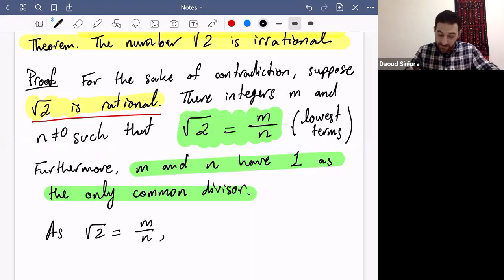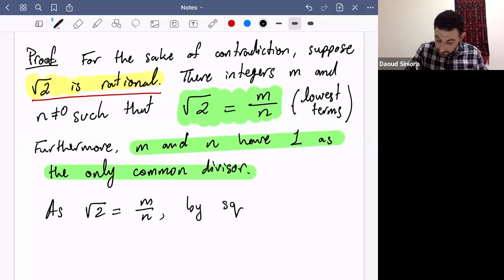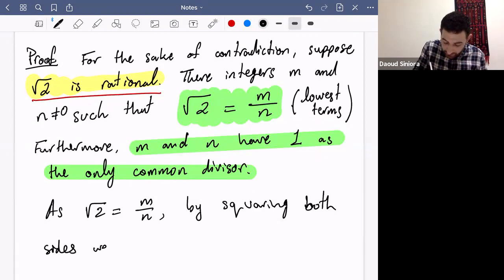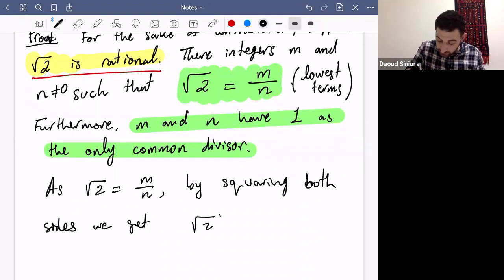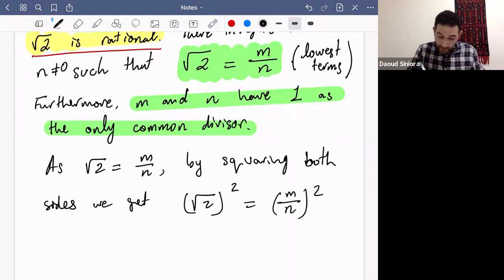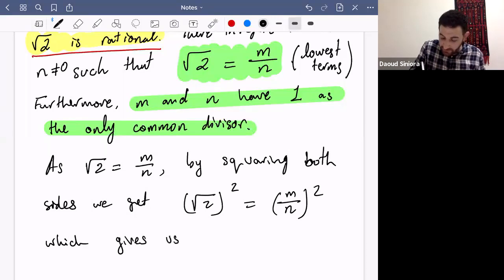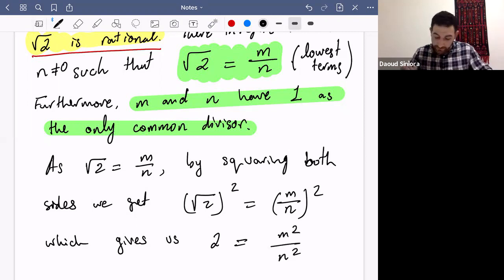By squaring both sides, we get square root of 2 squared is equal to m over n squared, which gives us square root of 2 squared, which by definition is 2, because square root of 2 is the number which when you square you get 2, and this is equal to m squared over n squared.